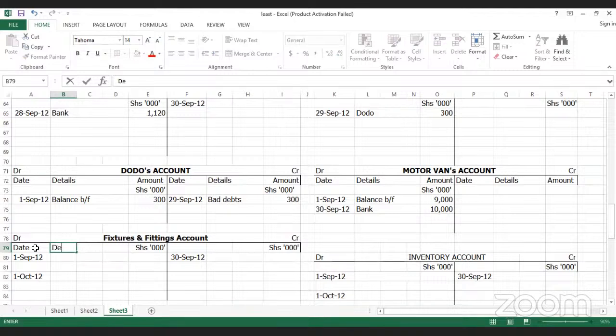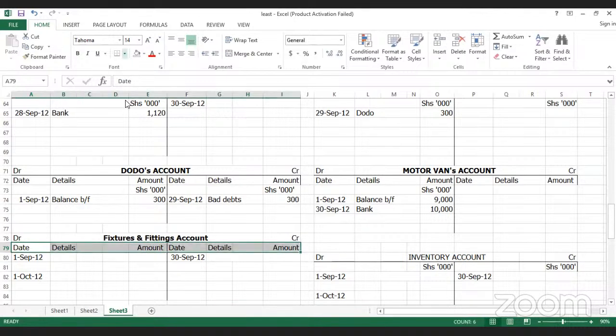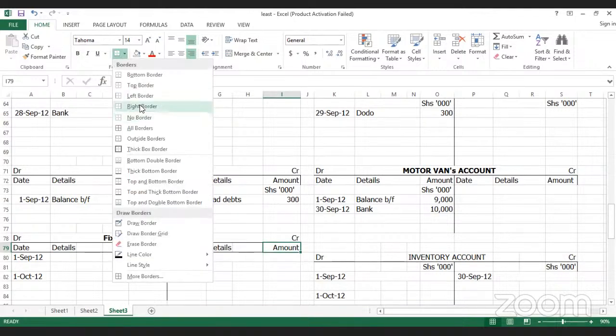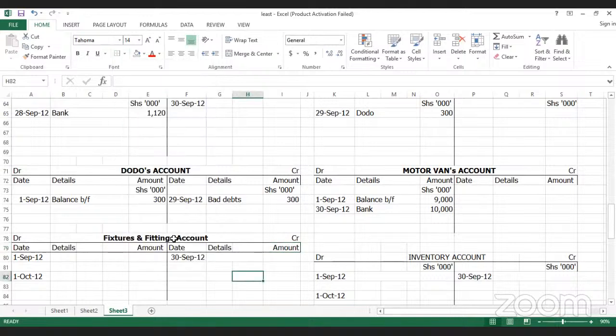So also prepare your fixtures and fittings accounts. Okay, that's my fixtures and fittings account, as you can see.